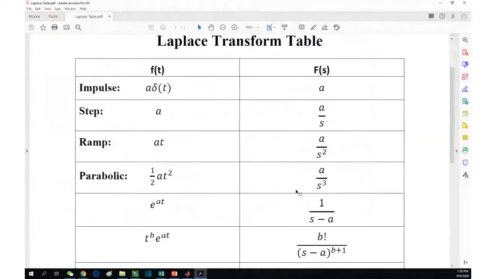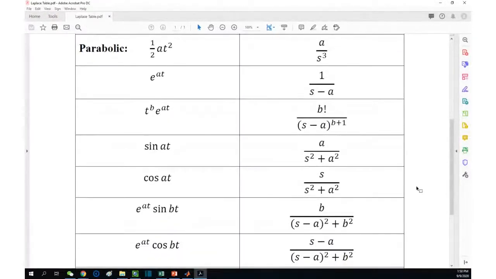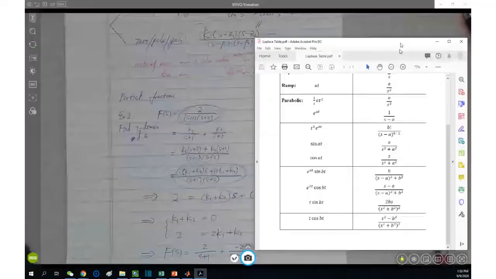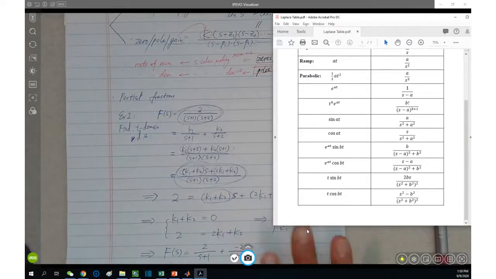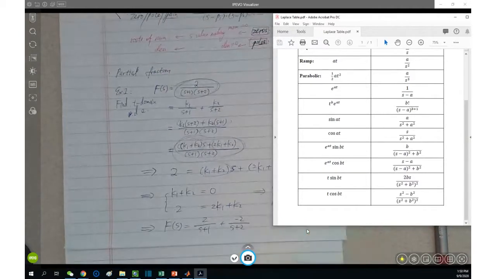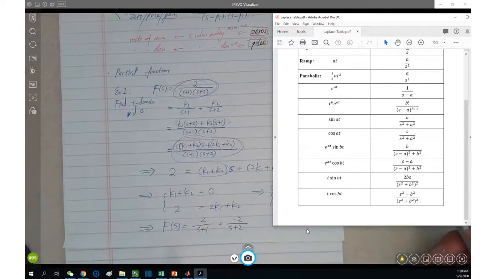Now it's time for us to go to your handout. Right here, this result goes to this result. Keep in mind this is the result, and then conduct the inverse Laplace transform.